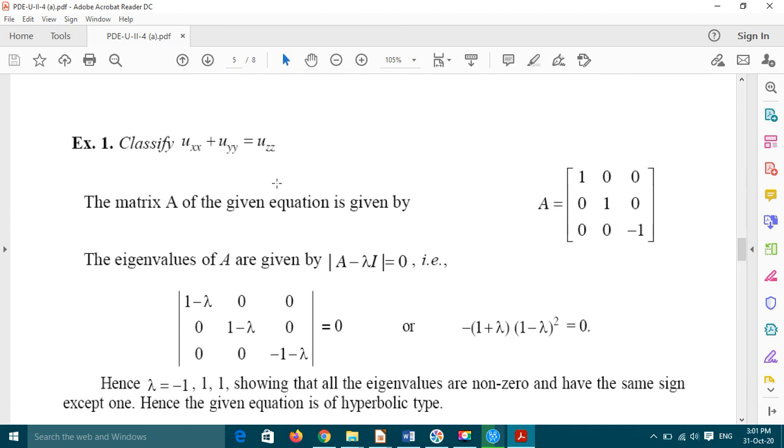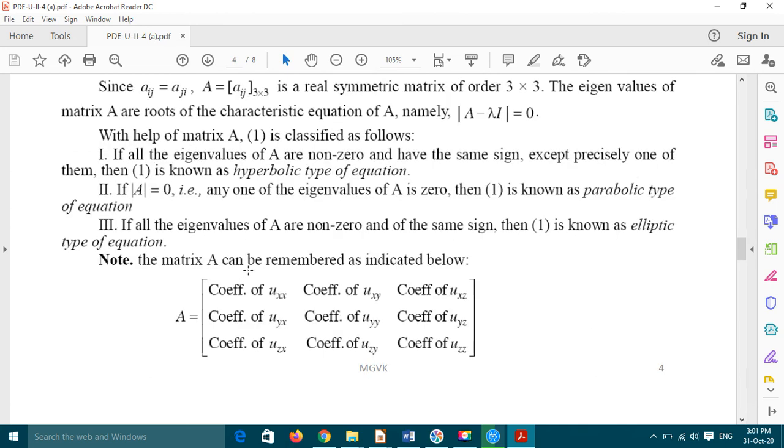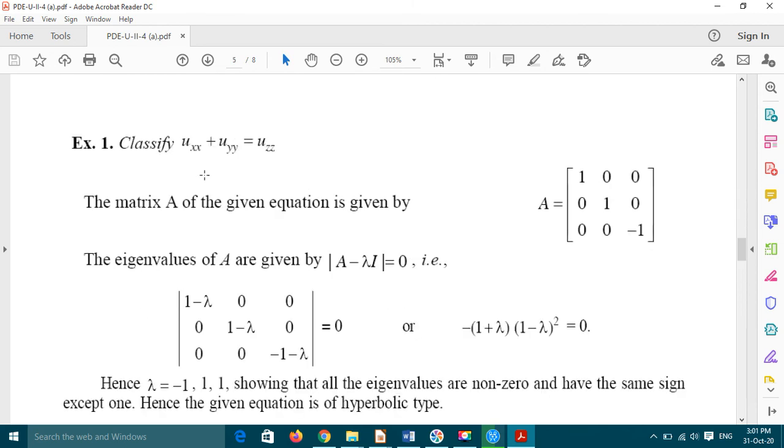Because in the matrix A, we have the coefficient of u_xx, u_yy, u_zz on the diagonal, and the others are the coefficients of u_xy, u_xz, u_yx, u_yz, u_zx, and u_zy. So write down the matrix corresponding to the given differential equation.